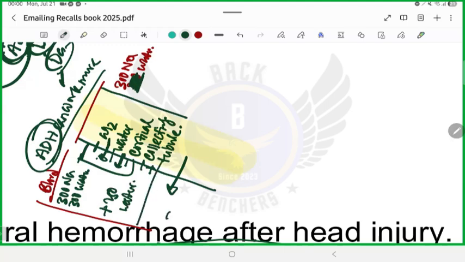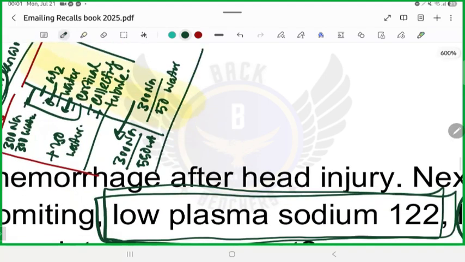So now we have 300 sodium but 550 water. And here we have 300 sodium and only 50 water. What did I tell you about osmolarity? Osmolarity is basically amount of sodium. So in urine, now we have a lot of sodium. Amount is same, but water has reduced drastically.